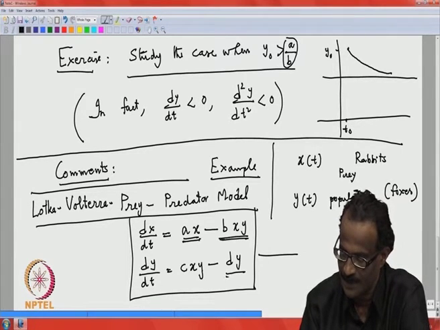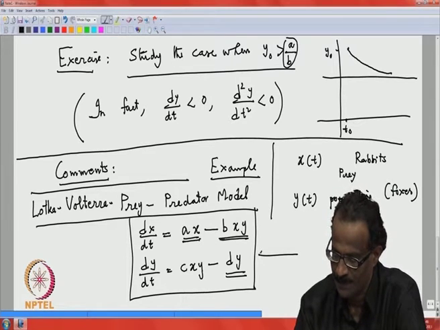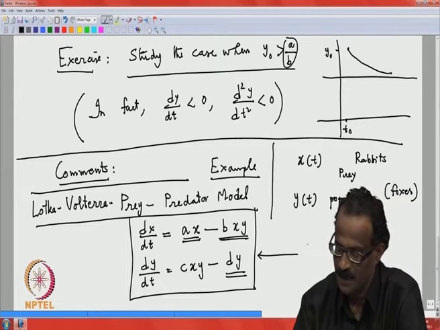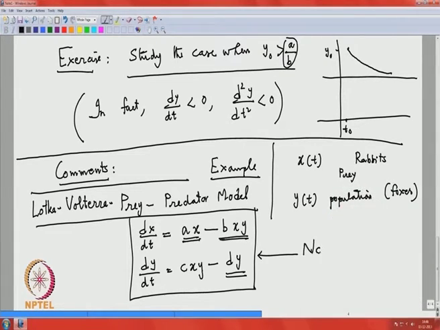So, this is again a non-linear system. You will come across some non-linear system, if not this one, some other non-linear system, and its qualitative analysis will be studied in the coming lectures. We will do that. Okay. So, there are a lot of interesting examples we can do.